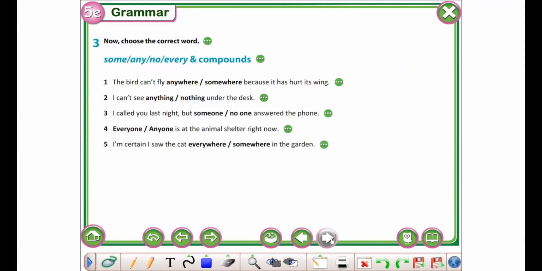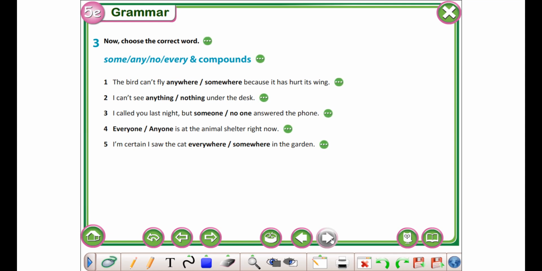Use some, any, no, every, or maybe a compound word. The bird can't fly anywhere because it hurt its wing. I can't see anything. Alex.